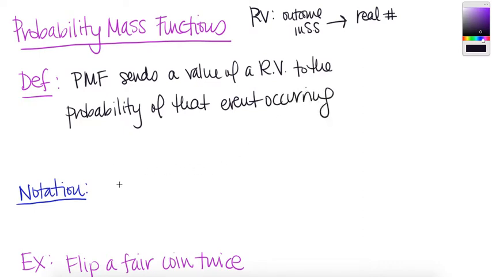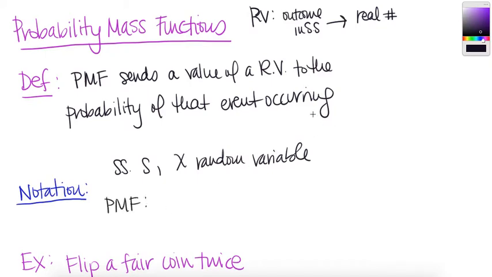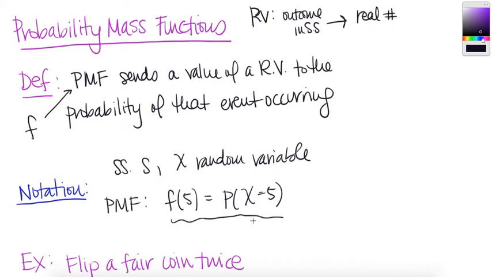Okay, so for instance, if we have some sample space S, and X is a random variable, we could talk about the probability mass function. We're usually going to call that little f. So little f of 5 would be the probability that that random variable is equal to 5. So this is our notation that we're going to use.